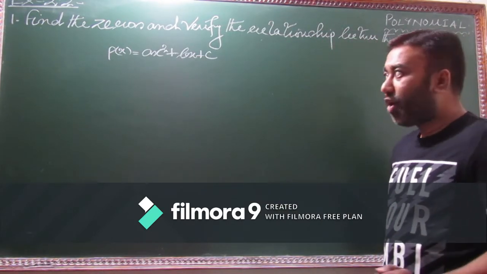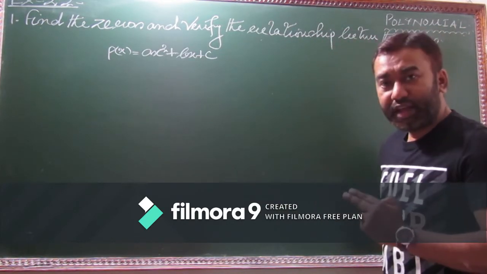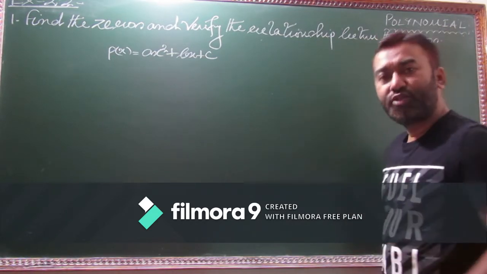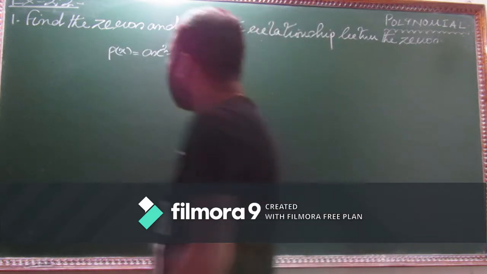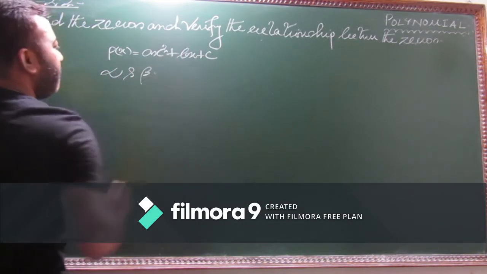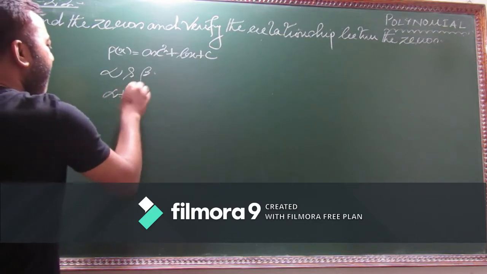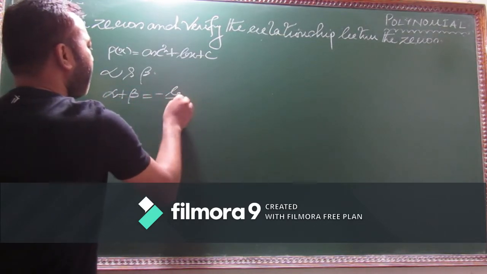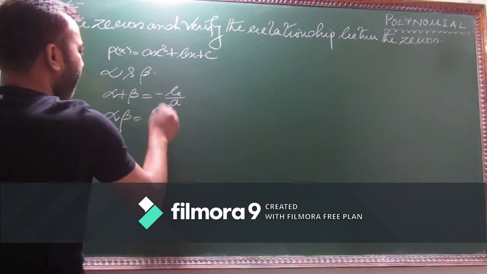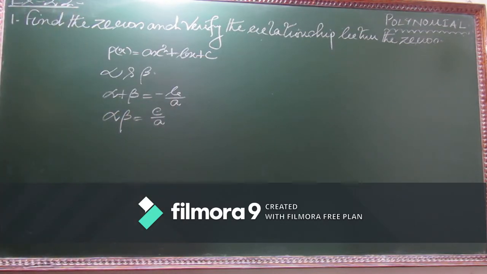If it is of degree 2, then it has 2 zeros. The zeros are alpha and beta. Now, alpha plus beta is equal to minus b by a, and alpha into beta is equal to c by a. Any problem? This is the relation between the zeros and the coefficients for the quadratic polynomial.